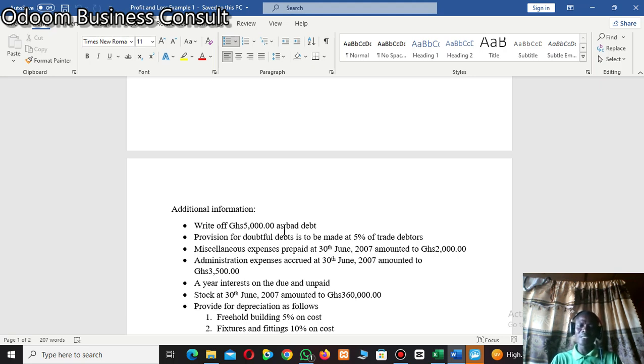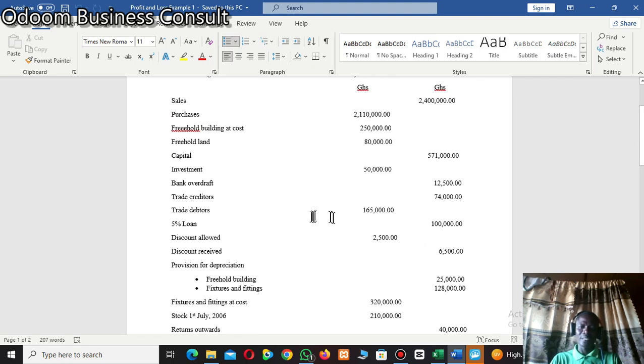Businesses always have some risk when they sell goods on credit, and some customers may not be able to pay the amount due. So in this company, it got to the attention of the accountant that this amount cannot be collected from the debtors figure that we see here.